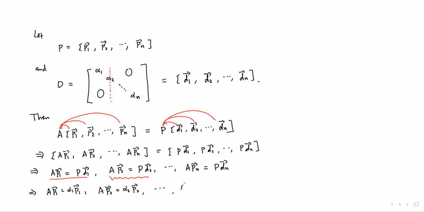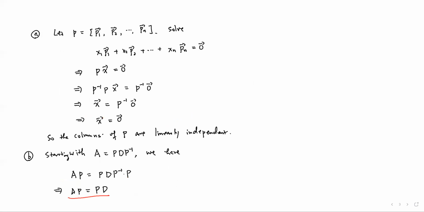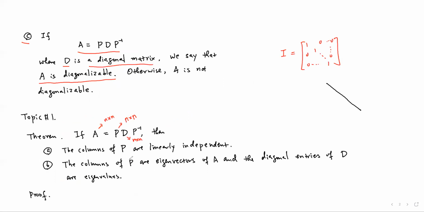The last equation is A times Pn is equal to alpha n Pn. So the conclusion is the columns of P are eigenvectors, and the diagonal entries of D are eigenvalues.